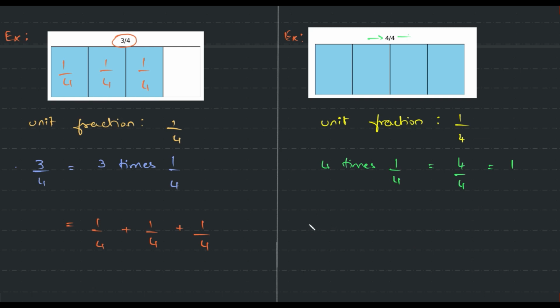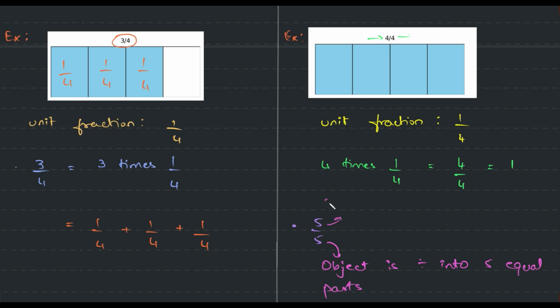Similarly, you take up anything, right? Actually, it's common sense. 5 divided by 5 is 1. This is nothing but 5 parts, object divided into 5 parts. So the denominator tells that, let me actually explain this way. Object is divided into 5 equal parts.